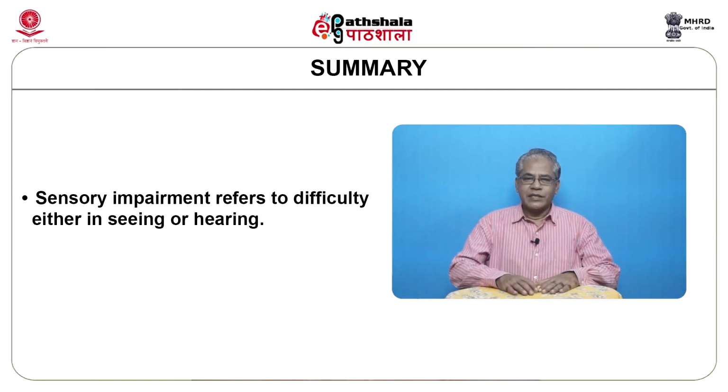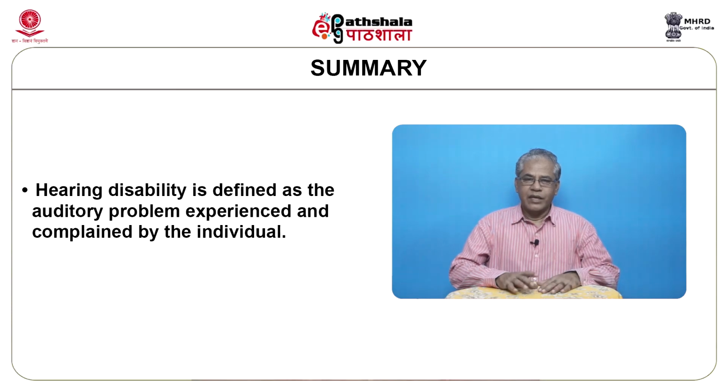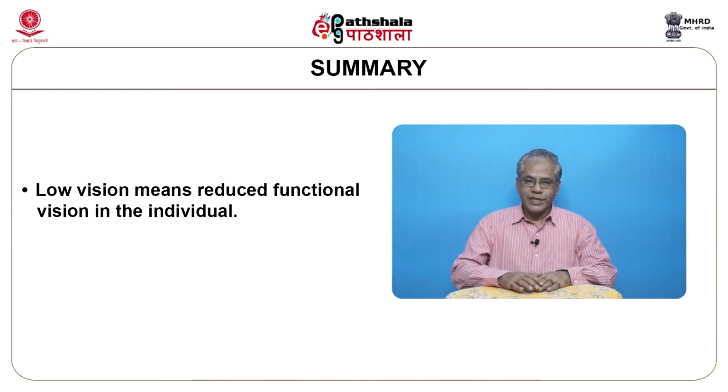Let me sum up. Sensory impairment refers to difficulty either in seeing or hearing. Hearing disability is defined as the auditory problem experienced and complained by the individual. Low vision means reduced functional vision in the individual.